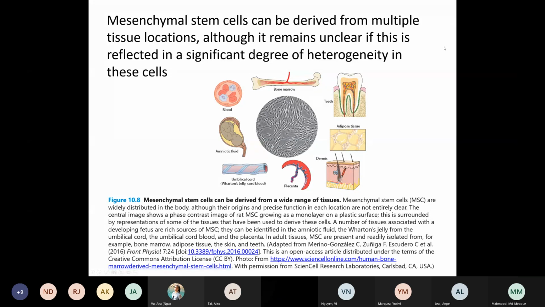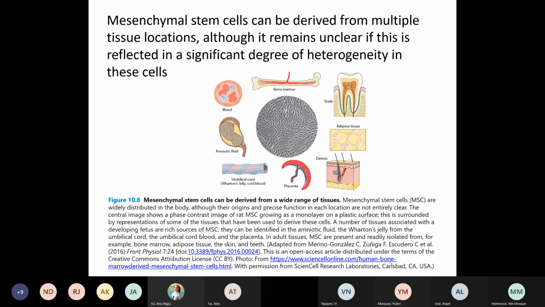And then when people do liposuction, that's an option. Usually they get offered, would you like us to prepare mesenchymal stem cells for you, or freeze down some mesenchymal stem cells for use in the future? So what you can see here is they can be isolated from many places. You start to wonder, are they the same cell?